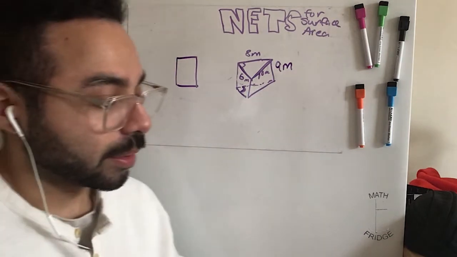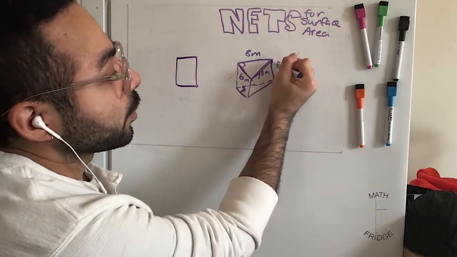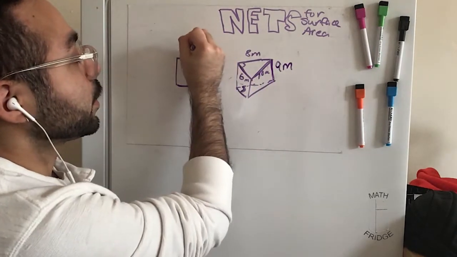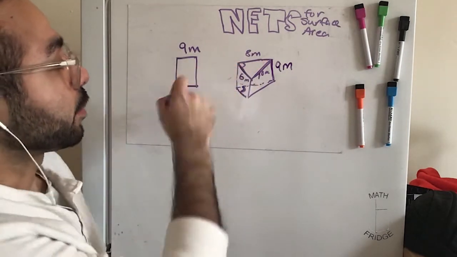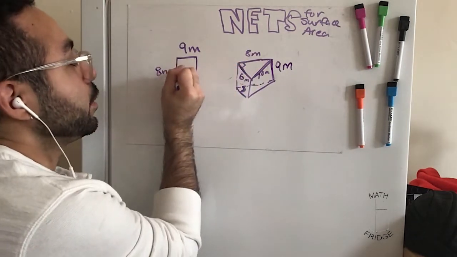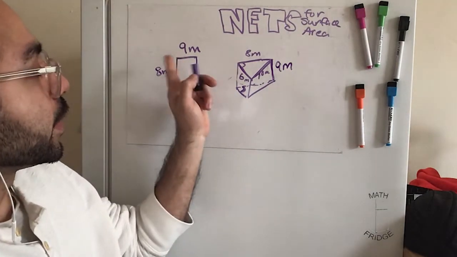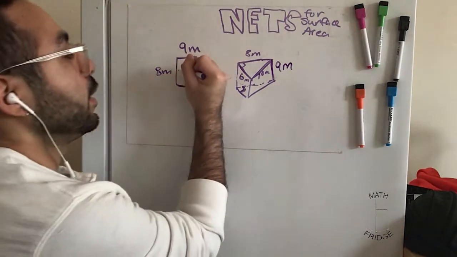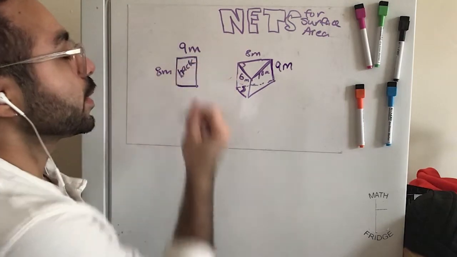The back of this prism comprises a length going this way of 9 meters, and also a length going this way of 8 meters. So my width is 8, and my 9 meters is the length right there. Next I'm going to write the word back to help me identify it.